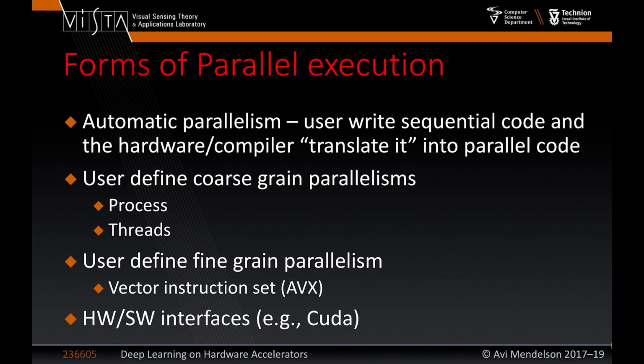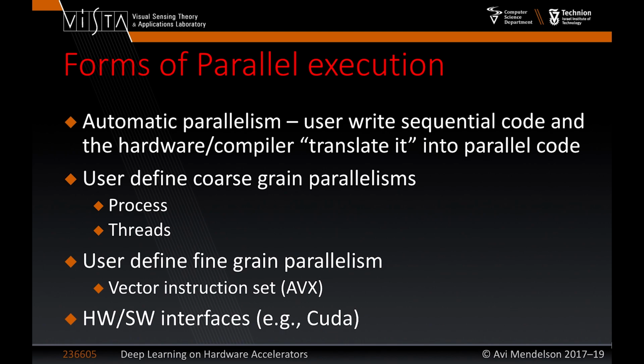So this is what we call single instruction multiple data. And the user usually tells what is the length, how many elements, what all the instructions will do, and there is special hardware to implement such vector instructions.